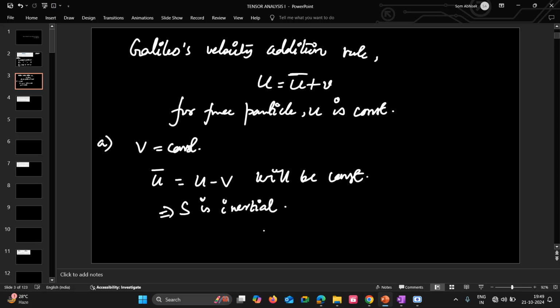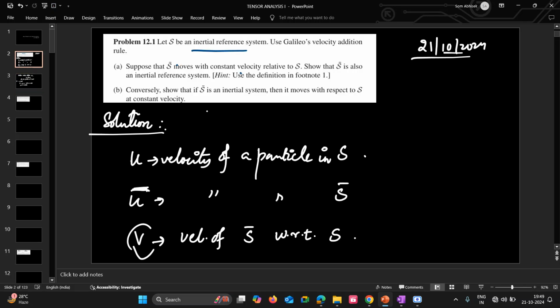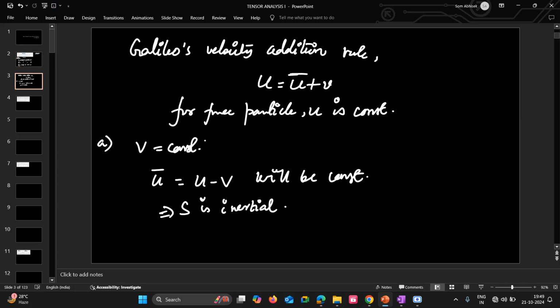Got it? Okay, what is the next question? So that if S bar is an inertial system, then it moves with respect to S at constant velocity. So if S bar is inertial, then actually u is equal to u bar plus v. So this is constant, then only S will be inertial.